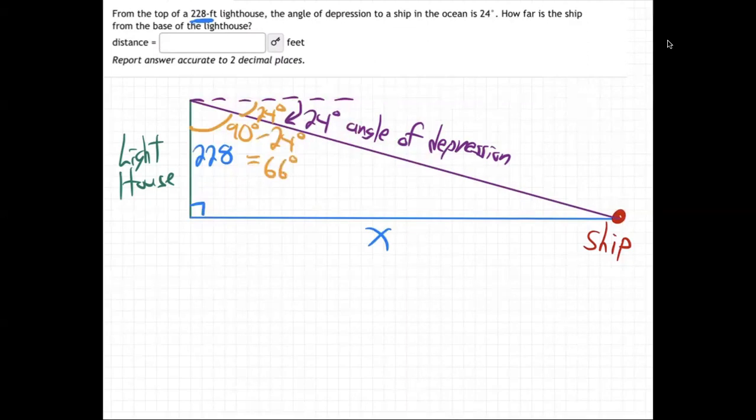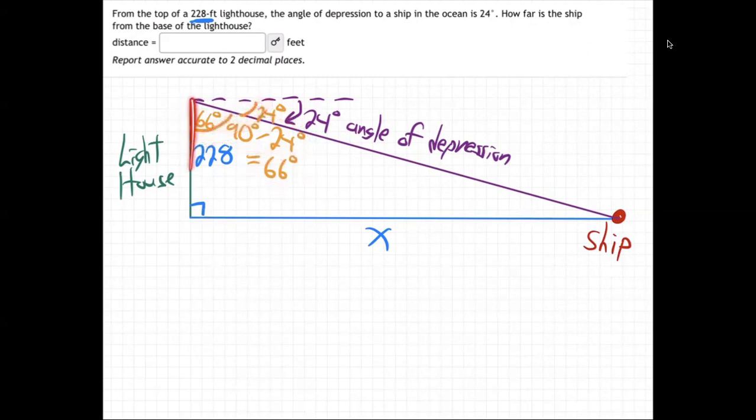This angle has to be 66 degrees, because the two of them have to make 90. So 66 and 24, you add that up, it's 90. I took 24 away from 90 to get 66. So this angle right here has got to be 66.